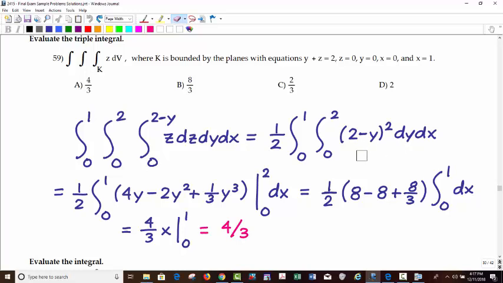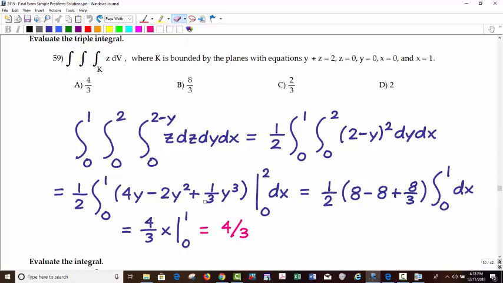But I just squared the binomial, which would be 4 minus 4y plus y squared. So the antiderivative of 4 would be 4y. The antiderivative of negative 4y would be negative 2y squared, and then y squared has an antiderivative of 1/3 y cubed.